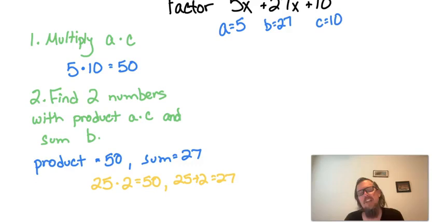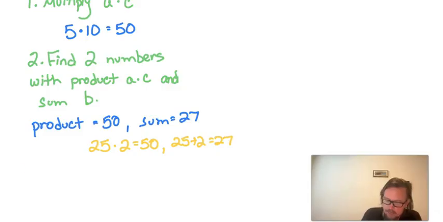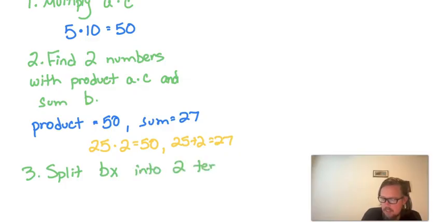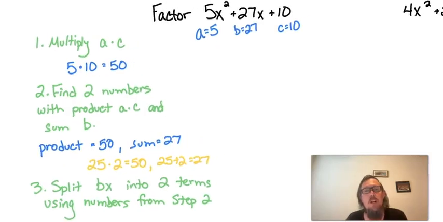Okay. So here's the part where we go from a trinomial into a 4-term polynomial, and this is step 3. Step 3 is split bx into 2 terms using the numbers from step 2. So our bx was 27x in this original problem.